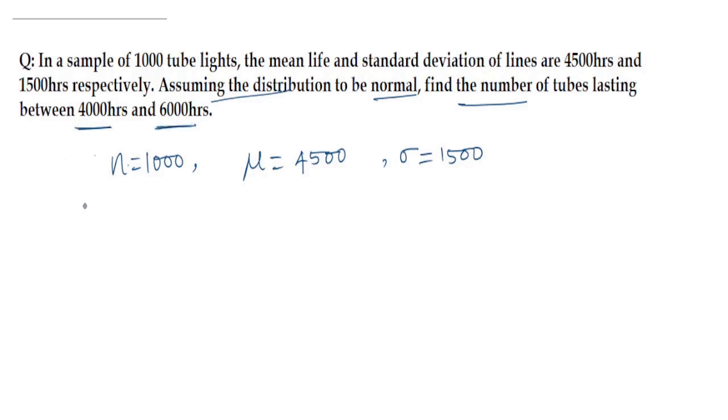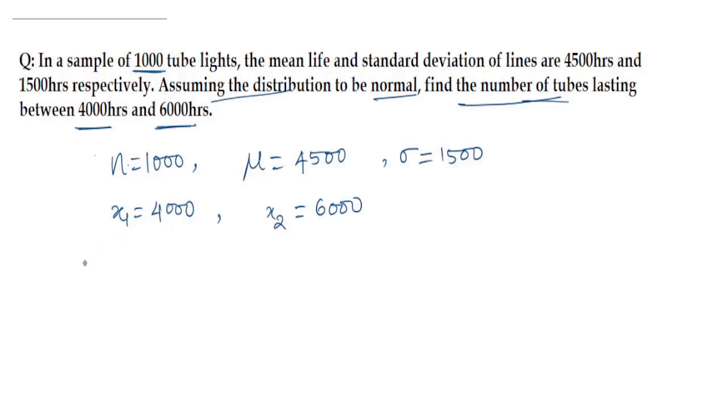Let us denote 4000 as x1 and x2 becomes 6000 hours. To find the number of tubes, first we will find the probability for one tube which lasts between 4000 hours and 6000 hours. Then we will multiply it by 1000 tubes to get the number of tubes.